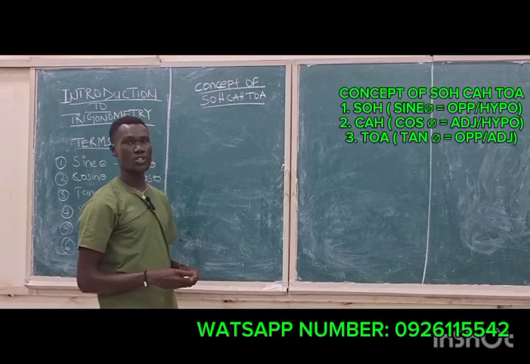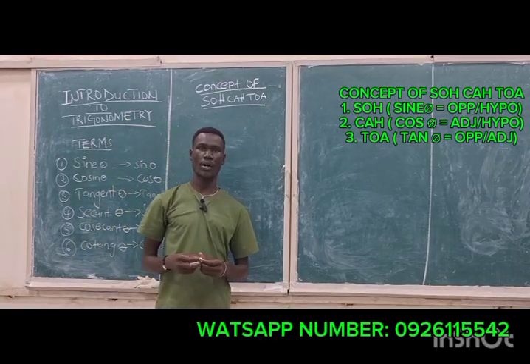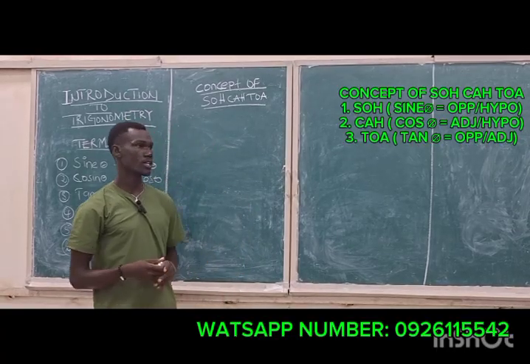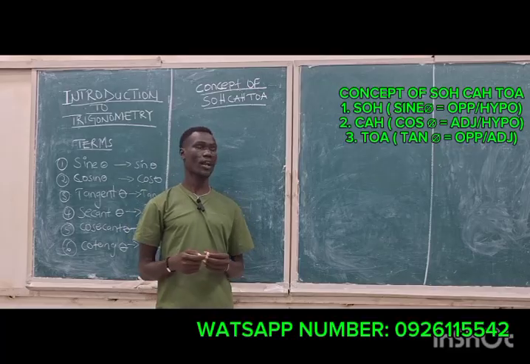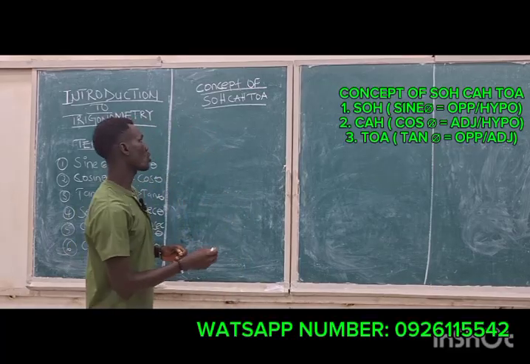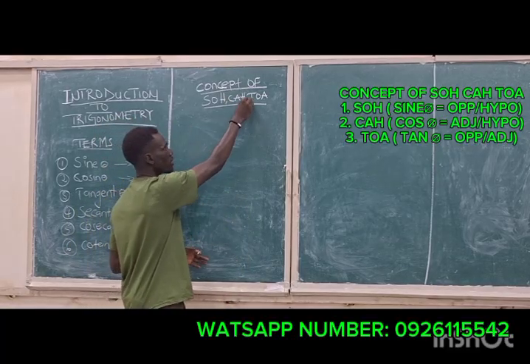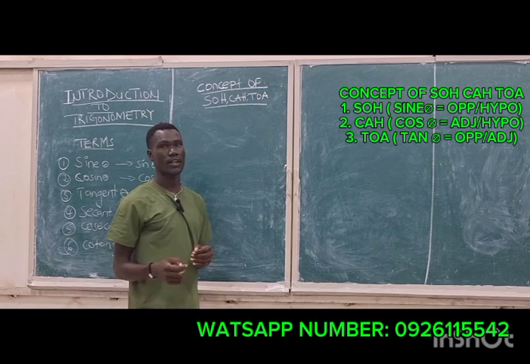This is a simple concept that we should put in our mind when we are dealing with problems under trigonometry 1. Let's break it down. We start with this one. This is the first one, second one, and finally the last.